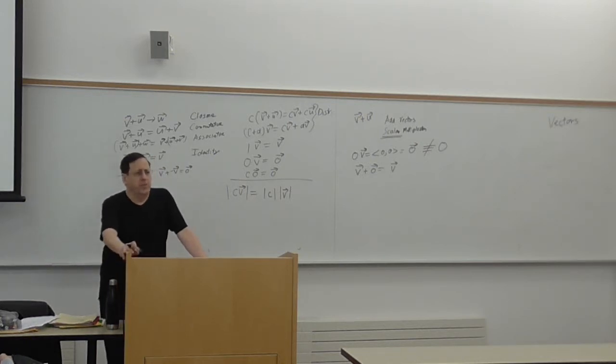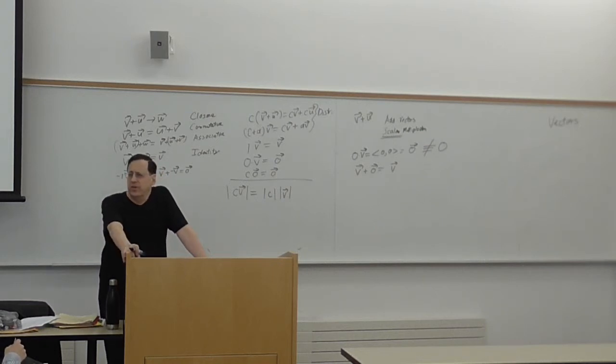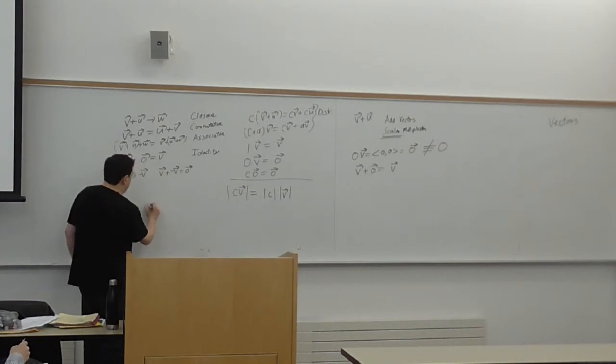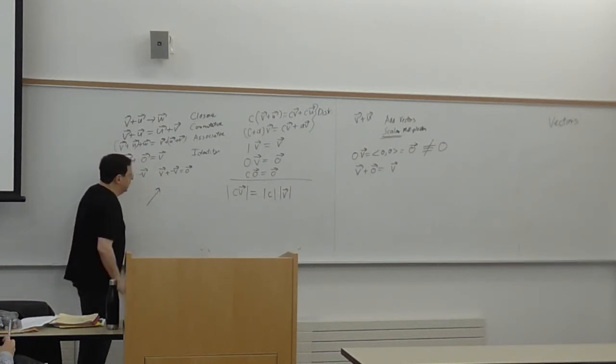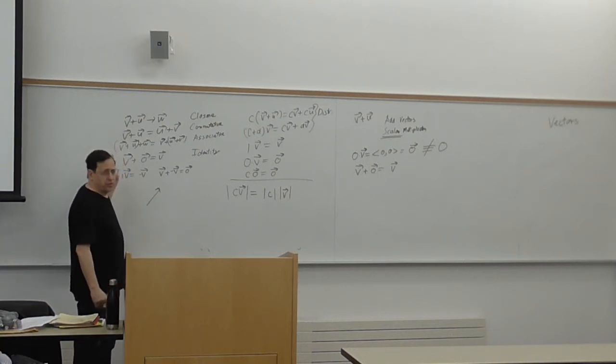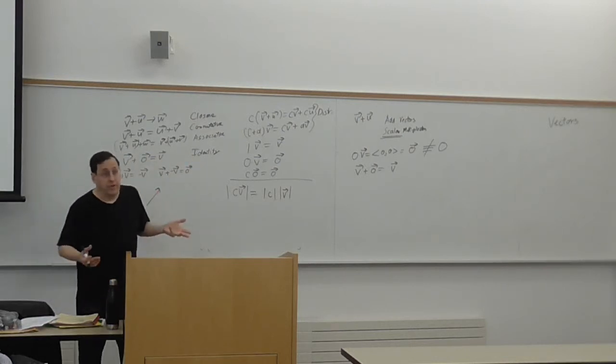Going back to what I was saying about how vectors operate, when you're dealing in math with a vector, we don't care that it's this pointing arrow thing with an angle. What we care about is that your objects, your vectors, operate this way. And if they operate this way, they're vectors.